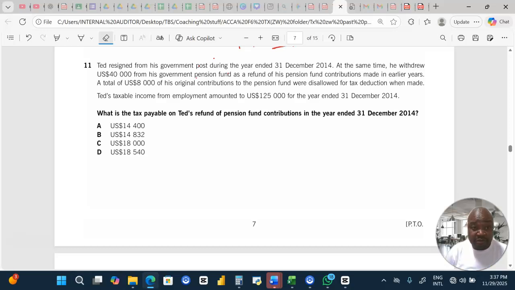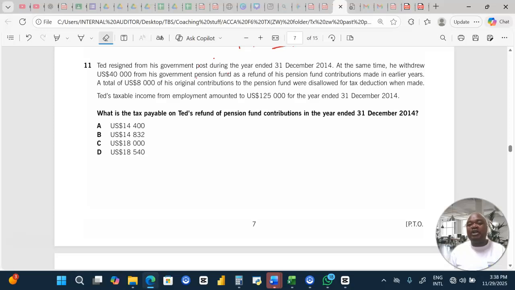Teddy resigned from his government post during the year ended 31 December 2014. Remember, 2014, that's 2024, isn't it? So he resigned on 31 December. The examiner is saying during the year that ended 31 December 2014, that's when he resigned.